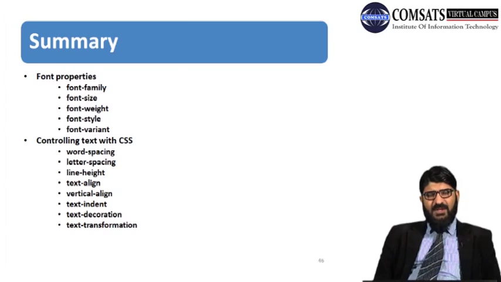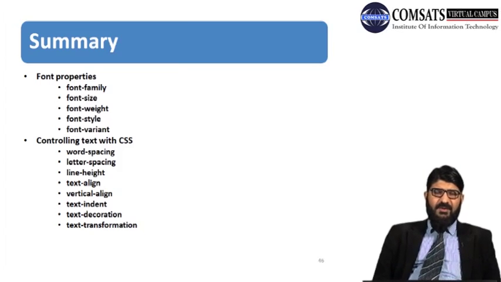Then the font size is mentioned. Usually font size is given in pixels, but the font size can also be mentioned in terms of small, large, medium. And then we have discussed font weight, in which we have learned about the boldness of the font.